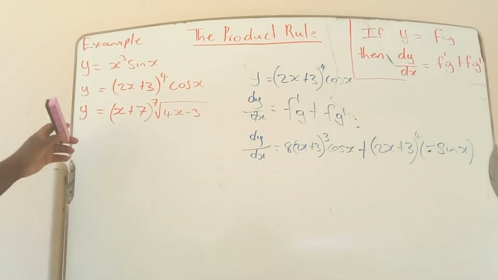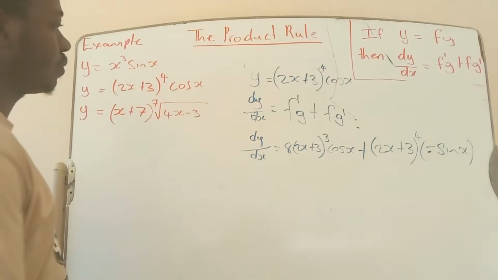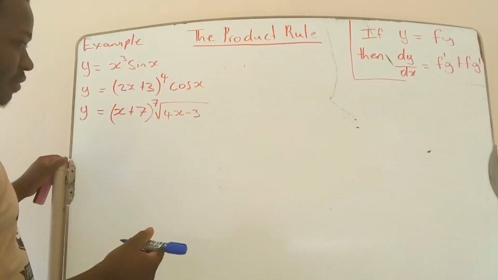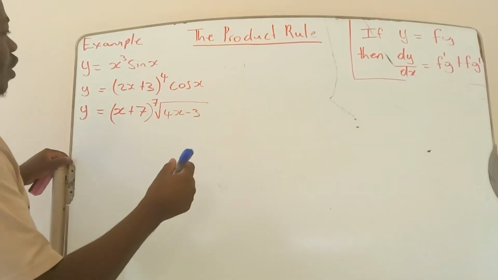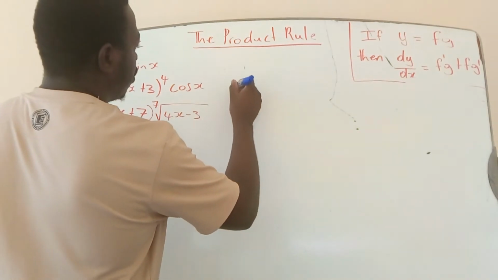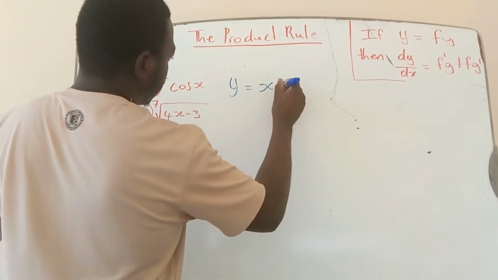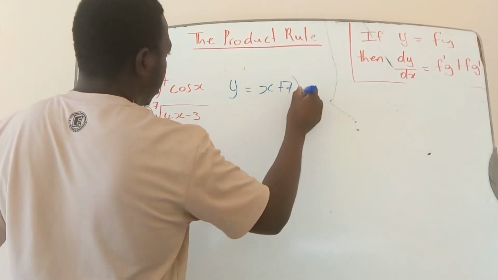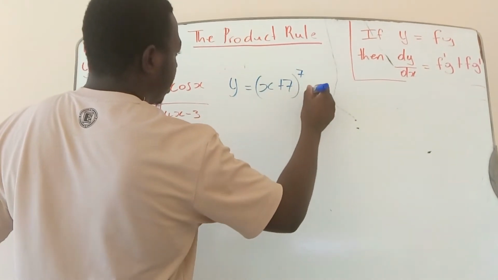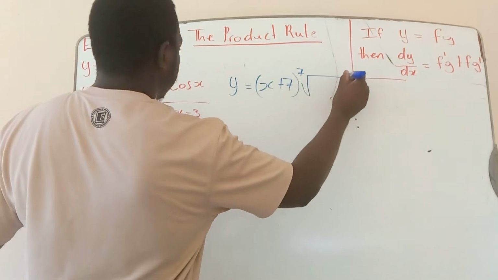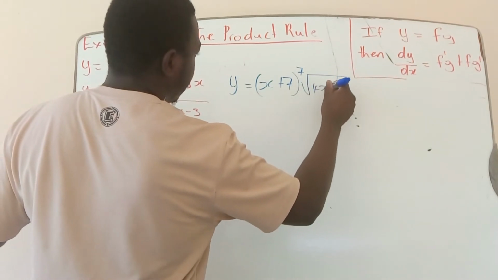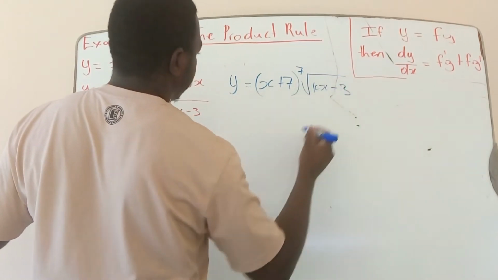So let's look at the final example, which says y is equal to (x + 7) all raised to the 7th power times the square root of 4x minus 3.